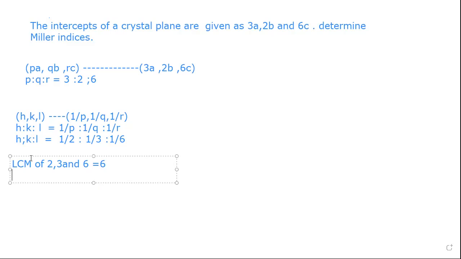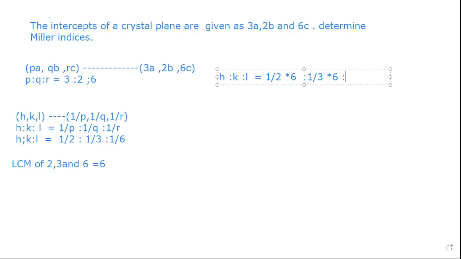After multiplying each fraction with 6, we convert into small integers. So the next step is we multiply 1 by 2, 1 by 3, 1 by 6 with 6. So this will be h is to k is to l, the ratio of Miller indices, equals 1 by 2 multiplied by 6 is to 1 by 3 multiplied by 6 is to 1 by 6 multiplied by 6.